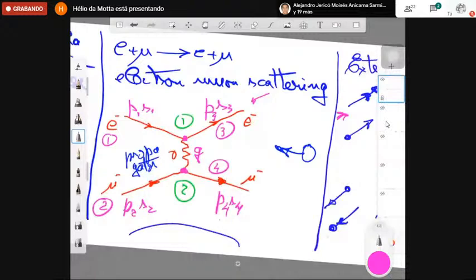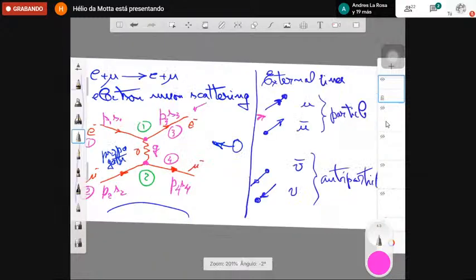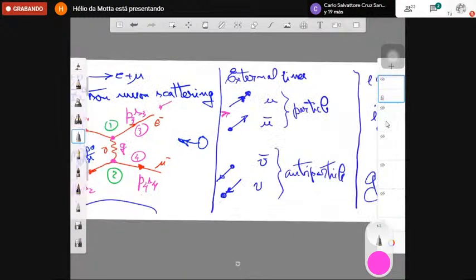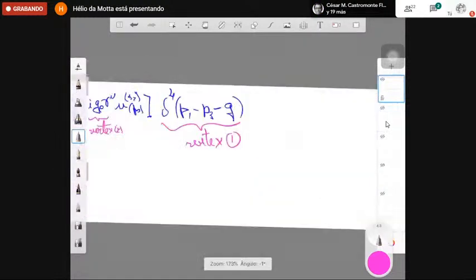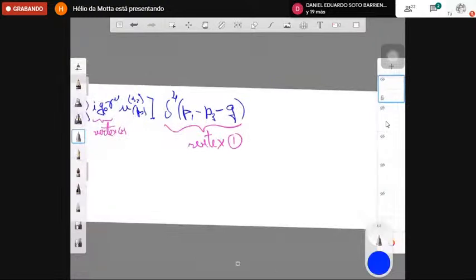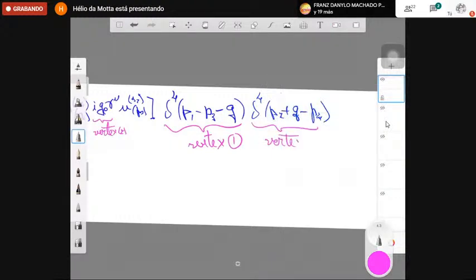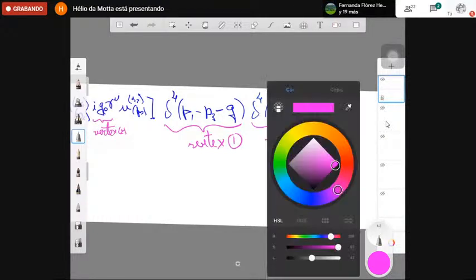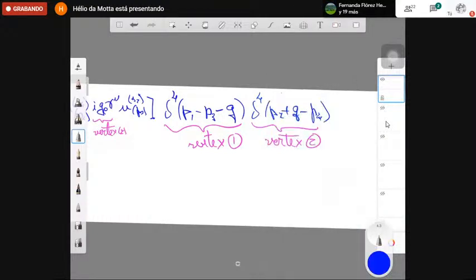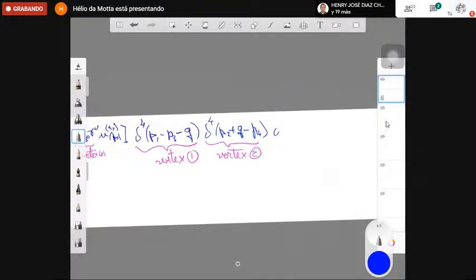But in vertex number 2, you have P2 and Q, in this case both are arriving here, and then P4 is the one leaving. Of course, I could do the other way around, right? Because it's supposed to be going both directions. Doesn't change. And P2 plus Q minus P4. This is for vertex 2. And then the d4Q.